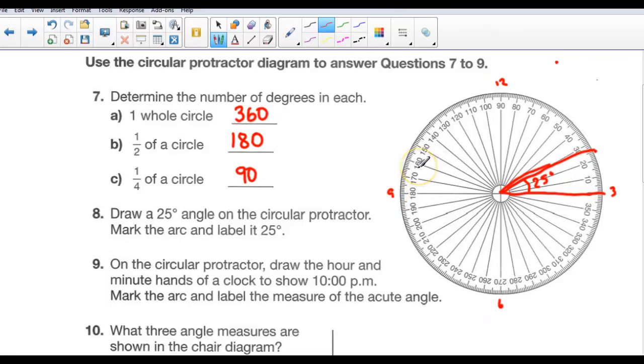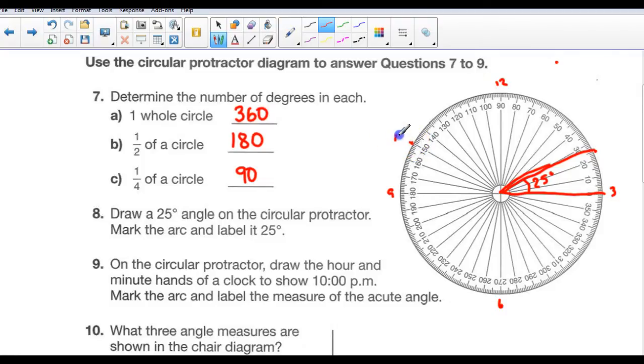Now, we want to mark the 10 o'clock position. Between 9 and 12, we know there's 3 hours. And between 180 and 90, we know that there is 90 degrees. So if we take 90 degrees and divide that by 3, we get 30. So from 180 we go 30 degrees, 10, 20, 30, right here.